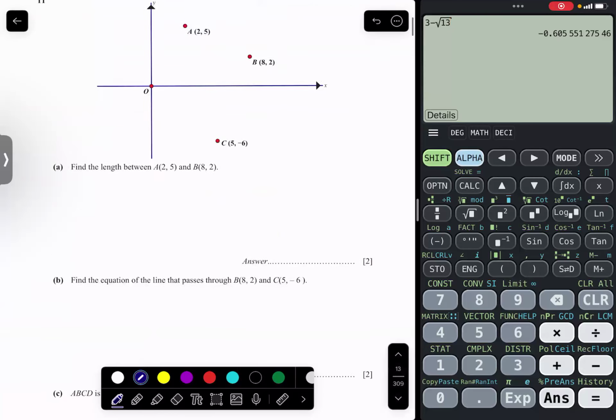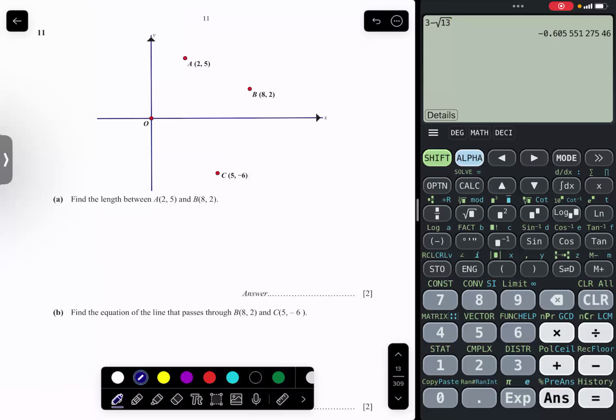Okay. Now, find the length between A (5, 2) and (8, 2)... the length of line, right? So, length of line is always Pythagoras theorem, okay? If you look at it from the perspective of Pythagoras, you should be fine. Or otherwise, you can use the length of line equation. AB equals square root of (5 minus 2) squared plus (2 minus 8) squared.